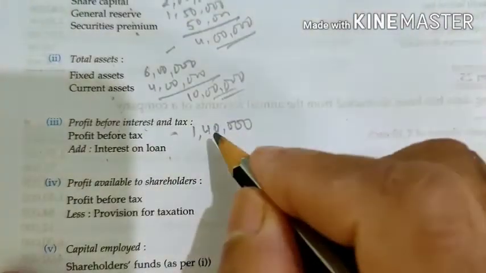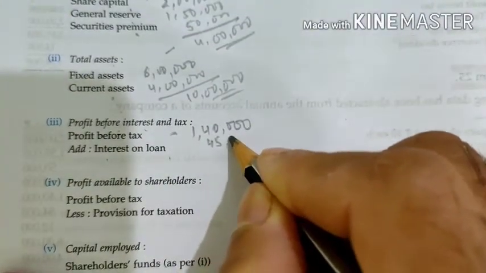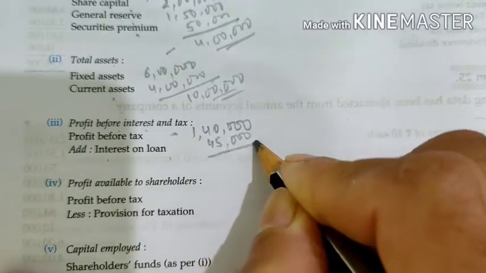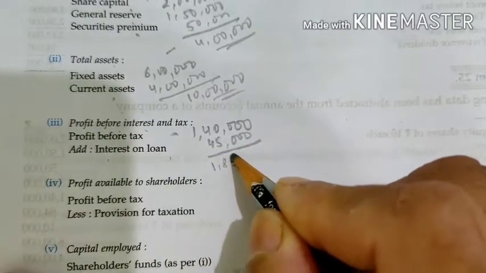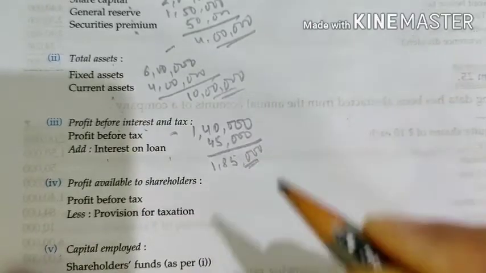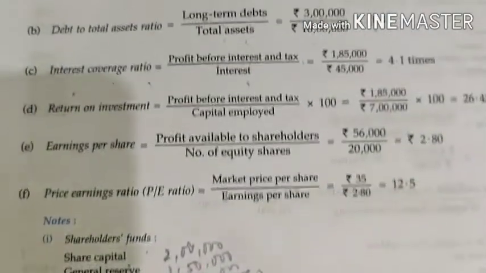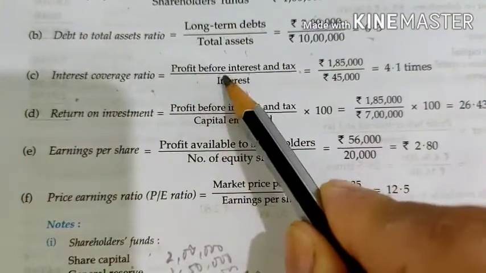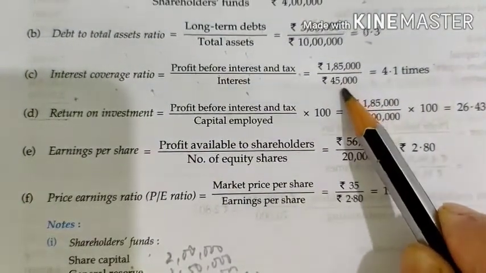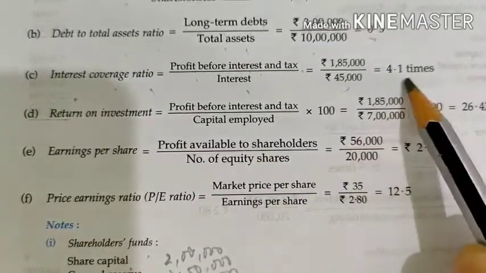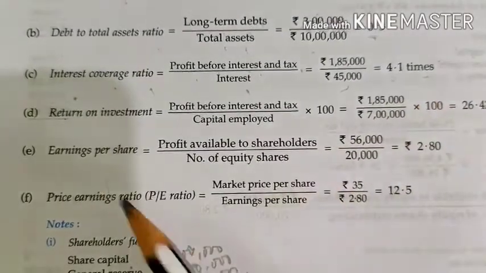So 15% of 3 lakhs is 45,000. So you have 1,85,000. So here you have profit before interest and tax, 1,85,000 divided by 45,000 gives you 4.1 times.